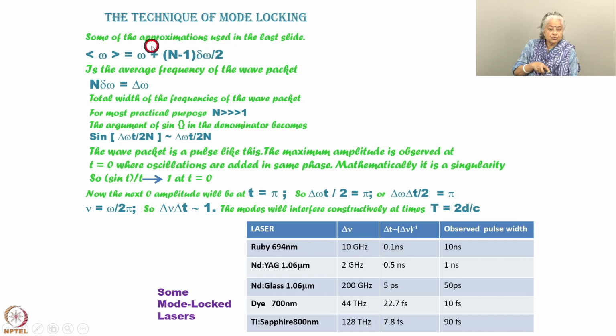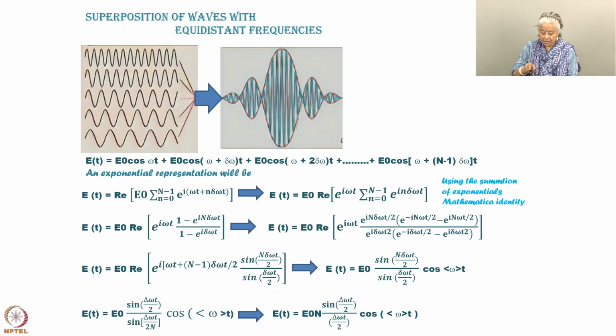So, this has been put into brackets to show that this is kind of the average frequency. The frequency is increasing with every mode, but this gives you an average. So, omega within this bracket is the average frequency. Okay, I will just toggle between these two slides. So, here I have put it here as delta omega.